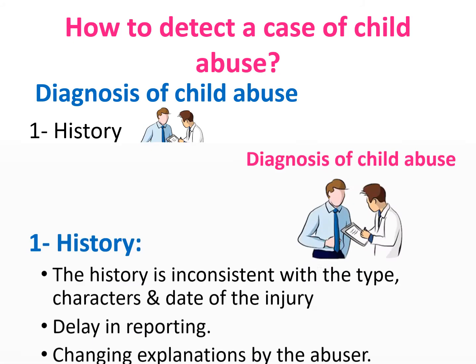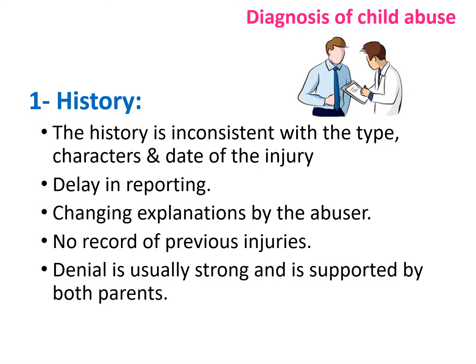The history in case of child abuse is inconsistent with the type, character, and date of the injury. Sometimes the parents bring their child and say this child fell on the ground and developed this type of injury. But after examination, you detect that the injury is caused by a burn, not due to a fall on the ground, which would lead to a bruise or some other injury caused by falling.